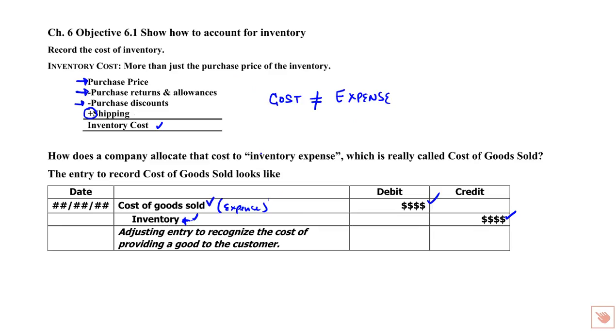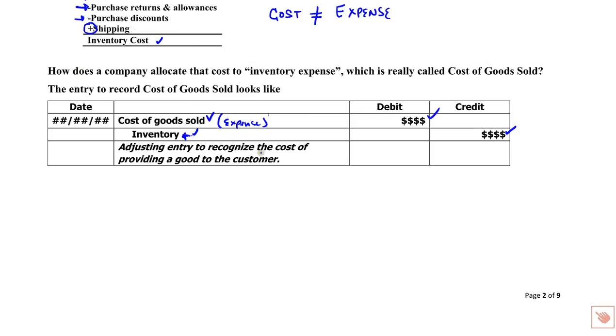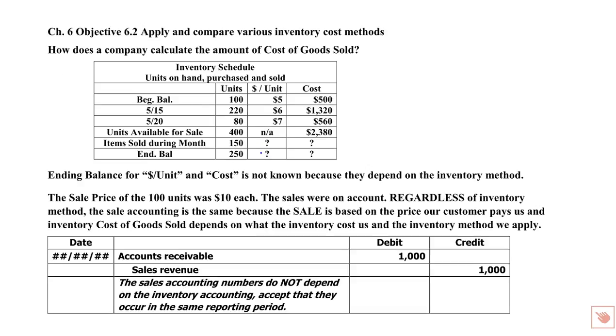So that's inventory cost, and this is the general entry for cost of goods sold. But with the inventory cost or the cost of goods sold, we're going to see that it's not quite clear which costs we should include in there. For example, in this inventory schedule, the units you begin with was 100, you buy 220, and then later you buy 80.